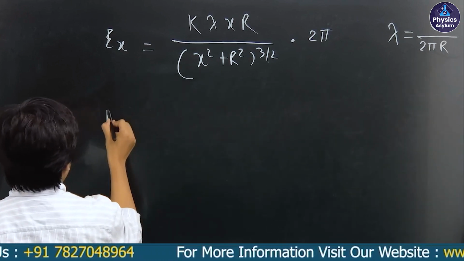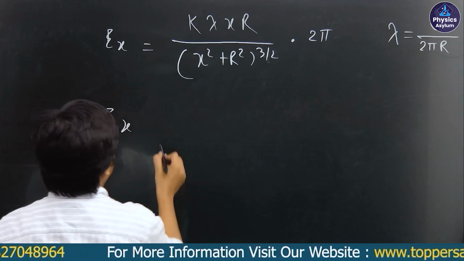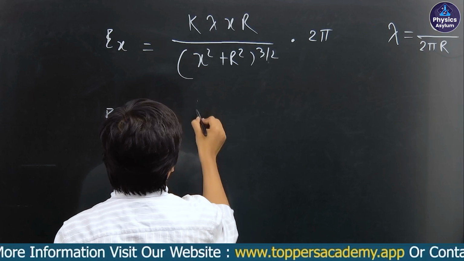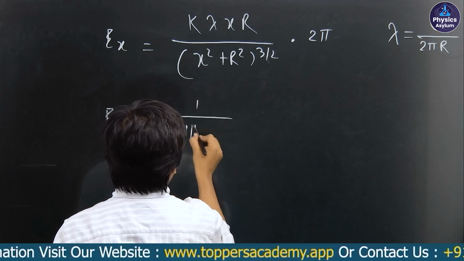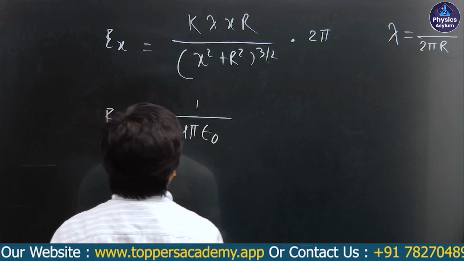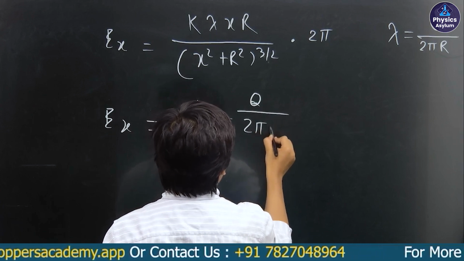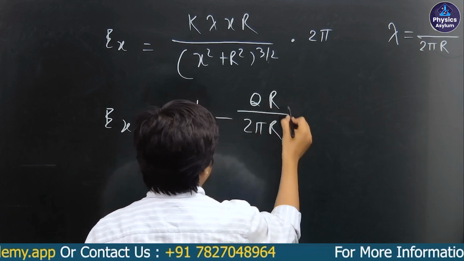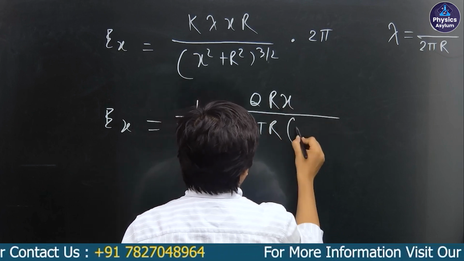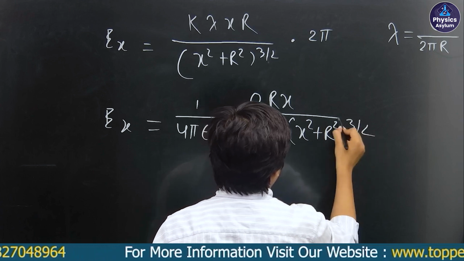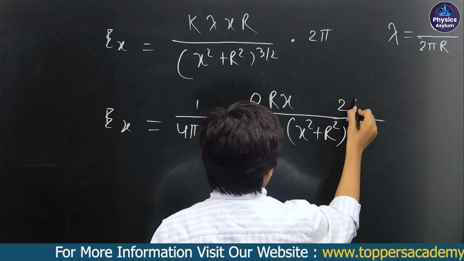If I put this much here, and in place of k I am going to put 1 over 4 pi epsilon naught, this lambda is Q divided by 2 pi r, and then 1 r here, 1 x here, divided by x square plus r square raised to the power 3 by 2 into 2 pi.